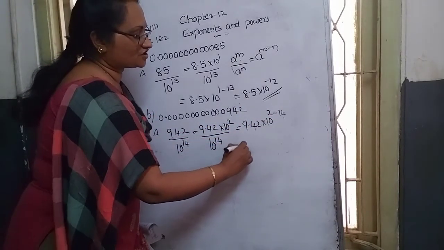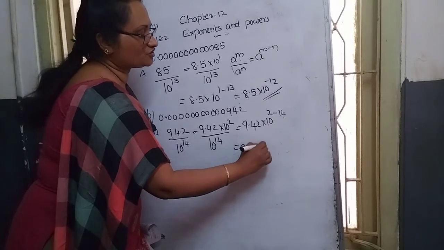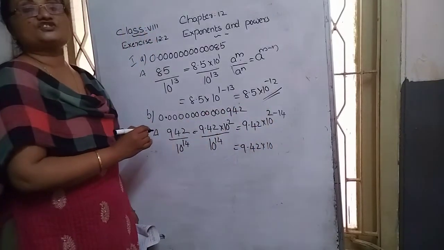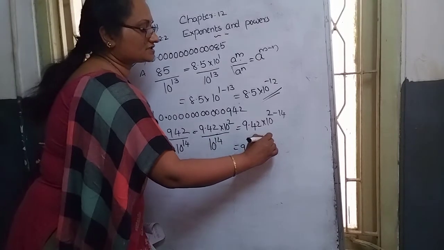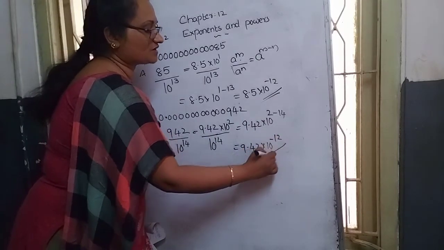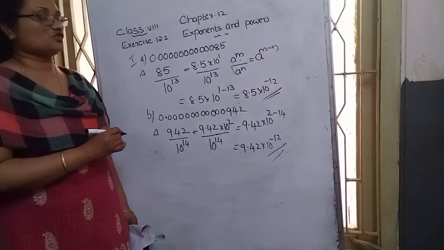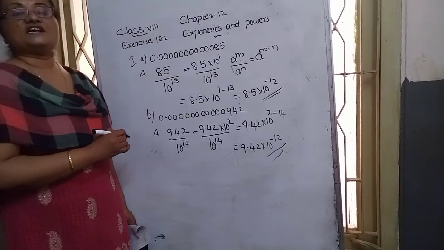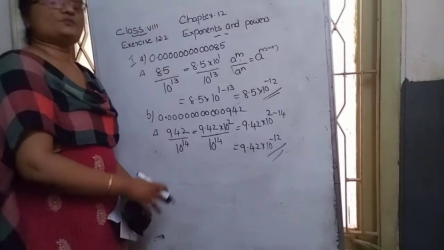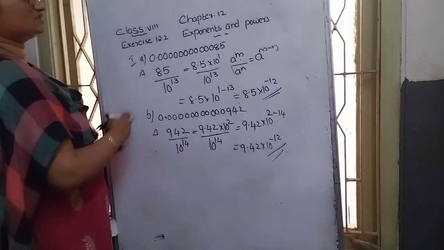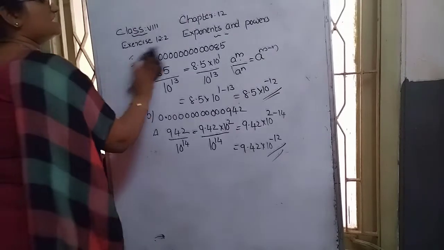So 9.42 into 10 power 2 minus 14 comes to be minus 12. The sign of 14 is negative, so we get 9.42 into 10 power minus 12 as the answer. I hope you understand how to make it a standard form.